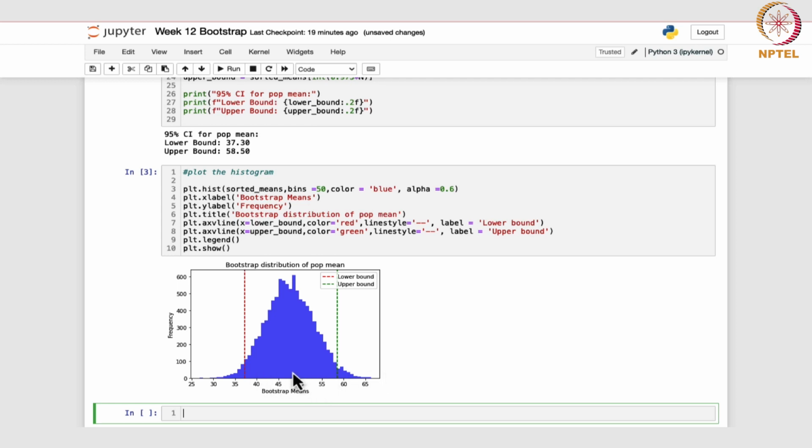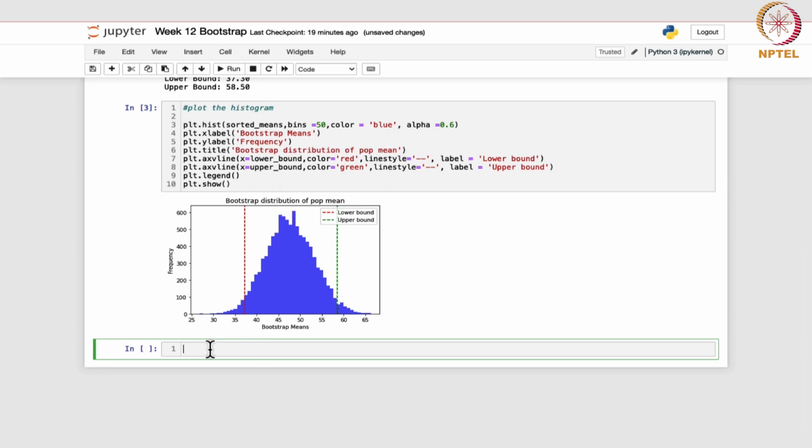So you can say that you are 95% confident that your population mean would fall between 37.30 to 58.50. So this was the bootstrap confidence interval for population mean.